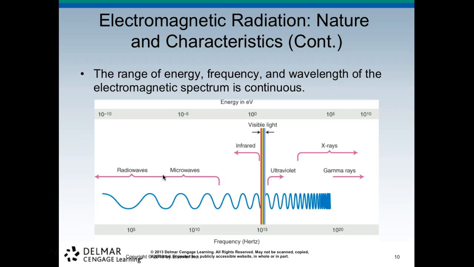The range of energy, frequency, and wavelength of the electromagnetic spectrum is continuous. If we look here, with radio waves, when we're talking about MRI, we're using radio waves here. Then there are microwaves, infrared, and then you can see visible light is a very small area. And we go to ultraviolet, you can see X-rays pick up about here and gamma rays within here. So it's a higher energy, and those are the only two that are able to ionize.